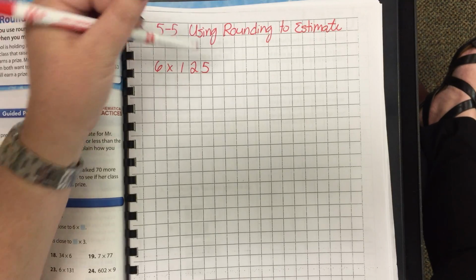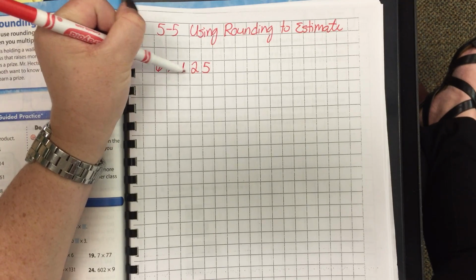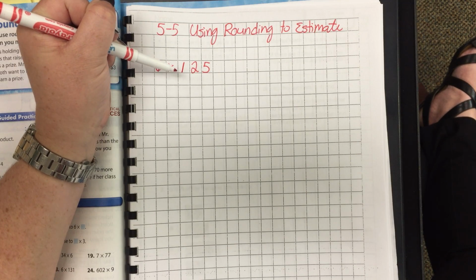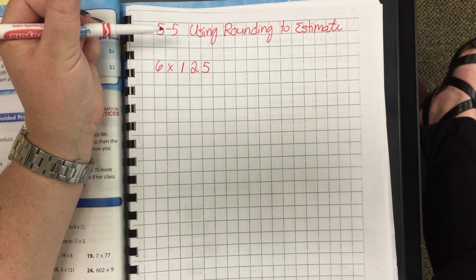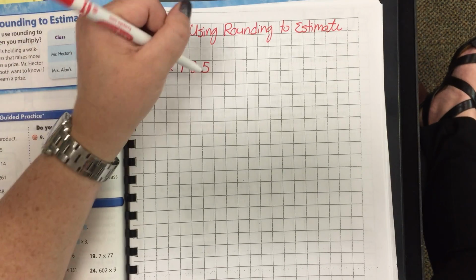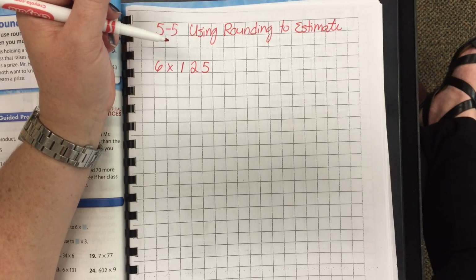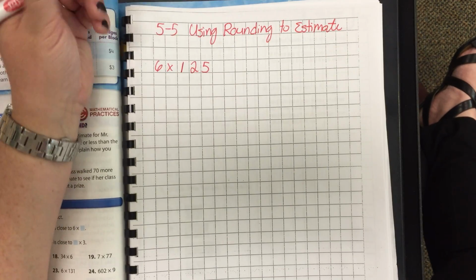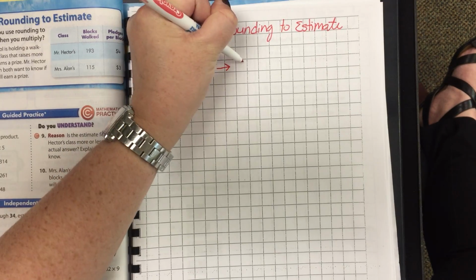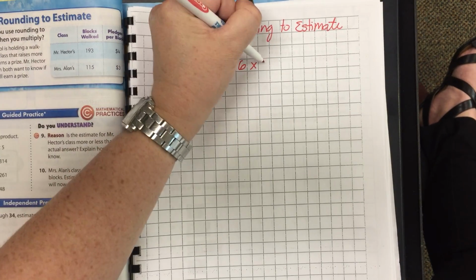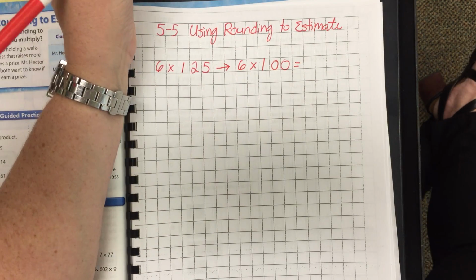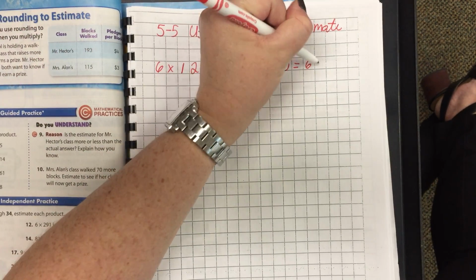Basically, I'm rounding it to however many places there are in that number. So in this case, nearest hundreds. When I look at this 2, what's it going to do? It rounds down because anything 4 or less goes down. So 6 times 125 turns into 6 times 100. Well, that's pretty easy. What's 6 times 100? 600.